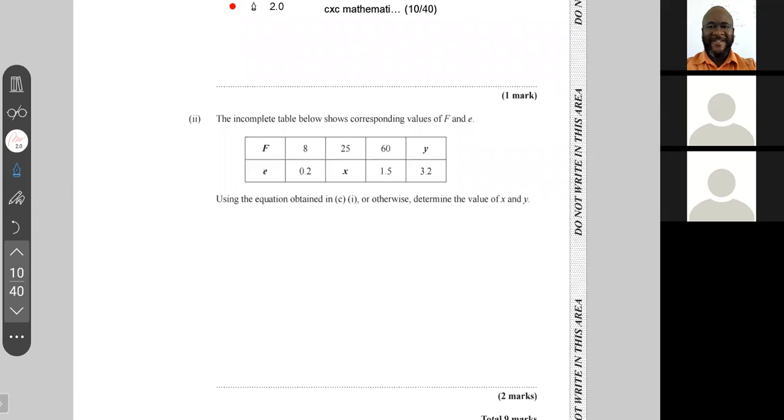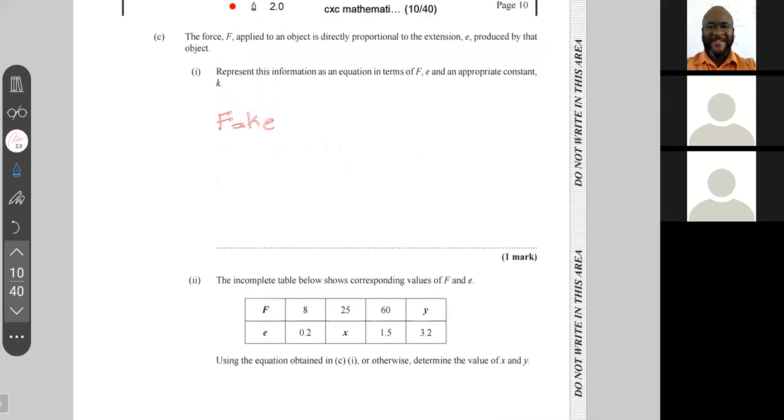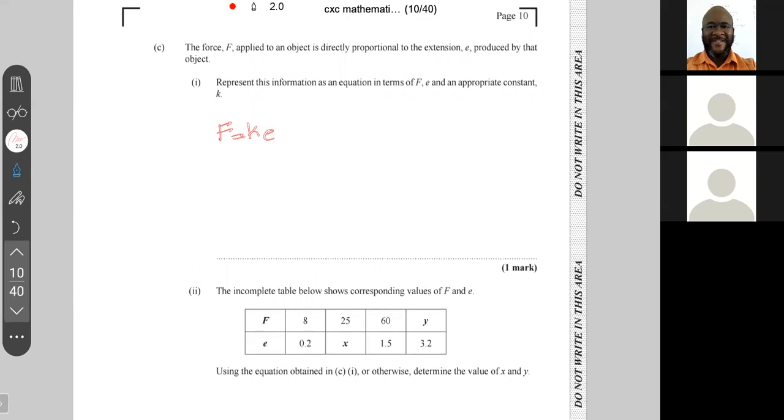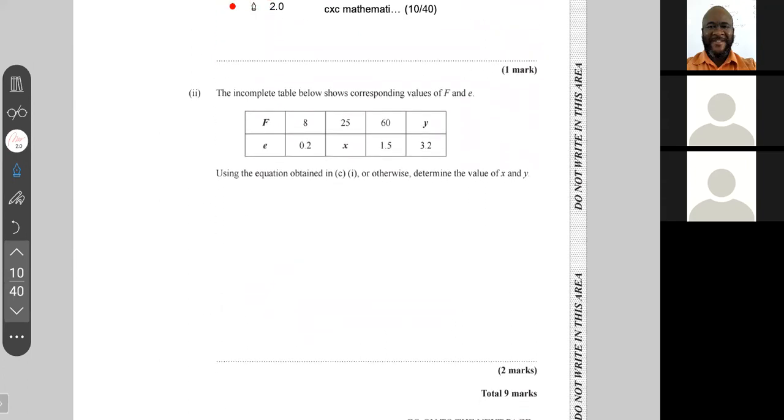Step 1, the first step is to convert the variation statement into a variation equation, which we have already done. The variation statement is the force F applied to an object is directly proportional to the extension E. That statement translates into the equation F is equal to K multiplied by E. So step one is to translate the variation statement into an equation.